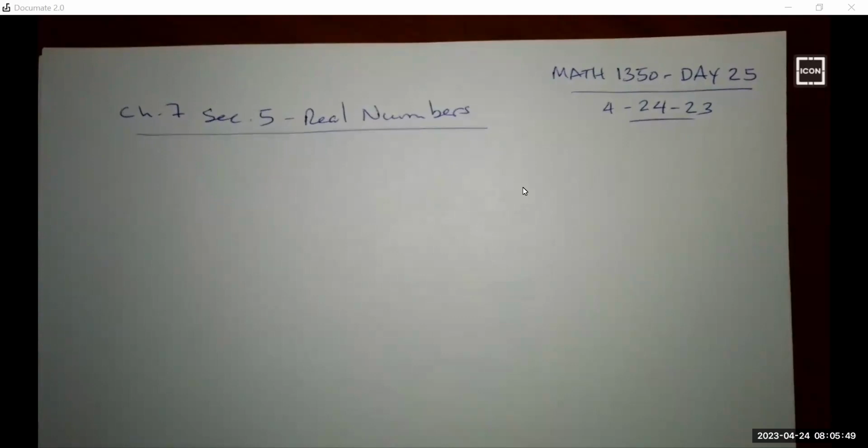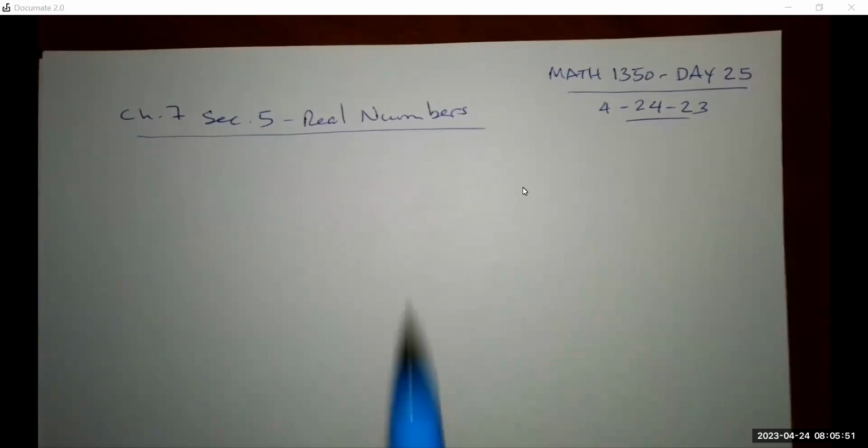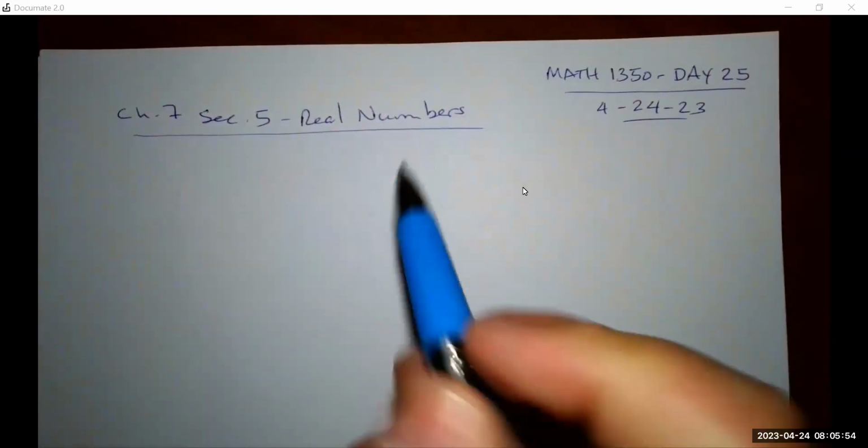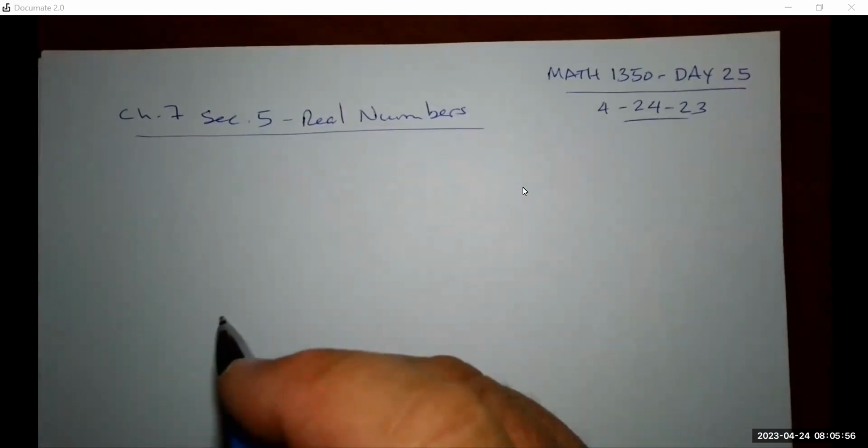Today we're going to finish up chapter 7 by talking about section 5, real numbers. What are real numbers?